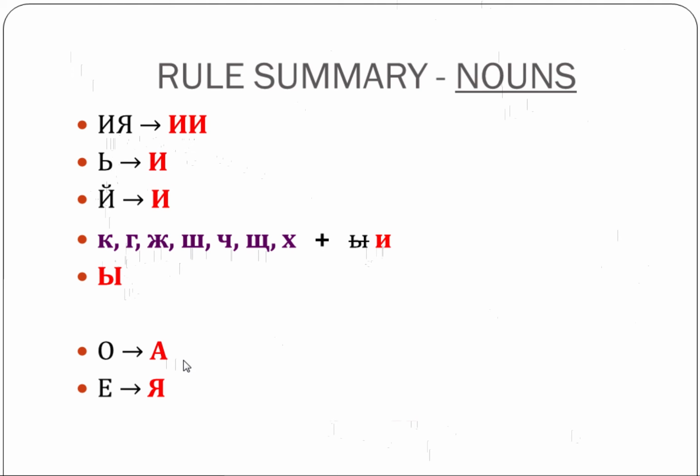For neuter nouns, the rule to remember is О changes to А, Е changes to Я, and that's all you need to know. So I know this is kind of hard to process the first time because there are a lot of different things to remember. My advice to you would be to maybe print this page or create your own index card where you have these notes and look at them while you're working on the online exercises and the textbook exercises.